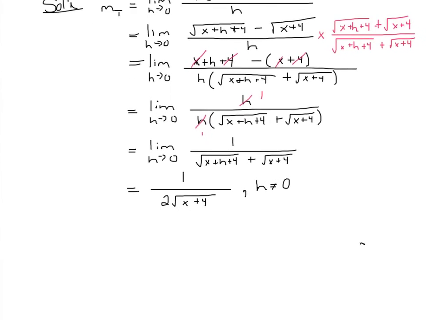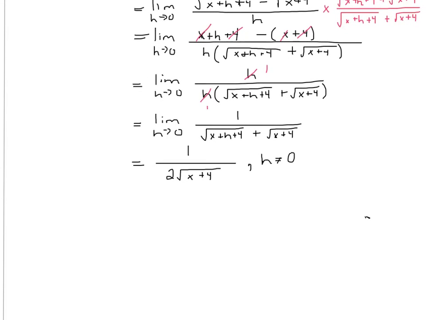And of course, we want this at x equal to 5. At x equal to 5, the slope of our tangent for this square root function becomes 1 over 2 times the root of 5 plus 4, which is 9, the root of 9 being 3, so 1 over 6 is our final answer.